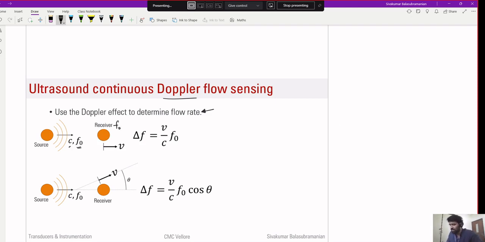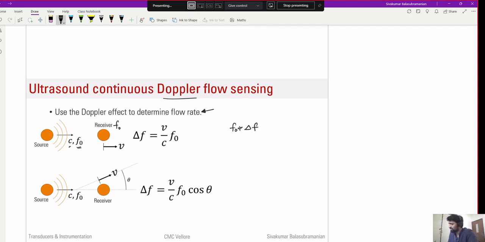No problem, if they don't have any relative motion with respect to each other. But if one of them is moving, either the source is moving towards the receiver, or the receiver is moving towards the source, then the frequency reported by your receiver will not be f naught anymore. The frequency reported will be f naught plus delta f.